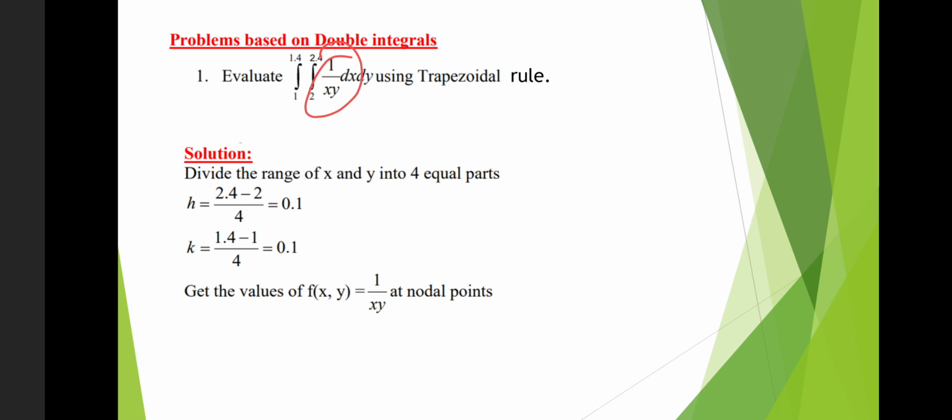The next step is to calculate the values of the function f(x, y) equal to 1 by xy at every nodal point of the grid formed by these intervals. These function values will then be classified as corner points, boundary points and interior points, and substituted into the double integral trapezoidal rule formula to obtain the approximate value of the double integral.